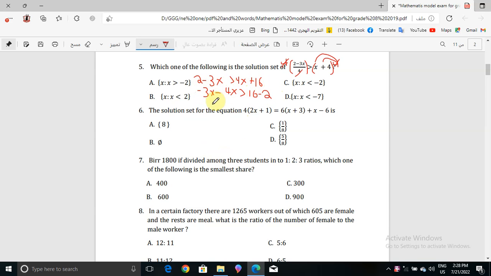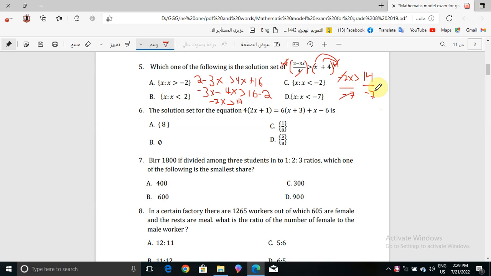Then negative 3 and negative 4, it will be negative 7x greater than 16 minus 2, which is 14, right? Then we'll divide both sides by negative 7.